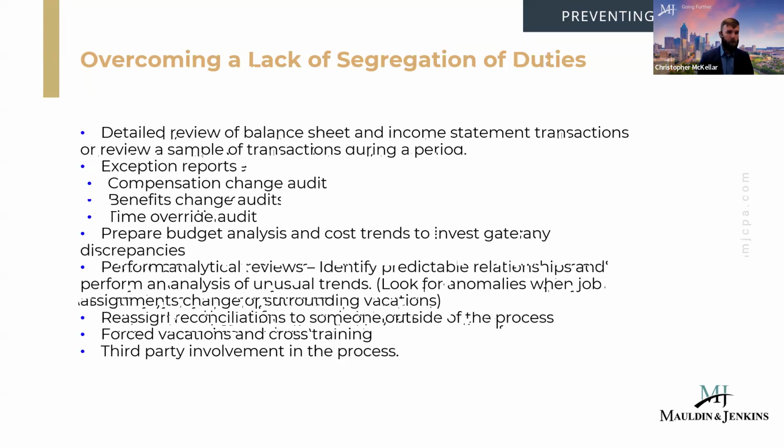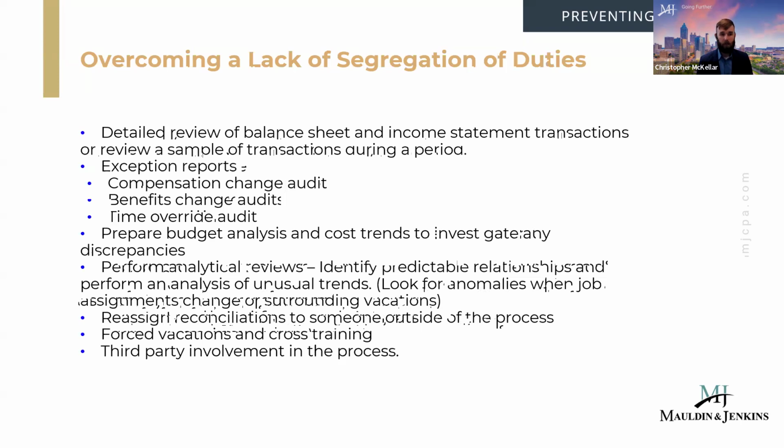These are just a few examples of exception reports: compensation change audit, benefits change audit, time override audits. This is something that could be done internally or externally. Prepare budget analysis and cost trends to investigate any discrepancies. This next one's a pretty big one.